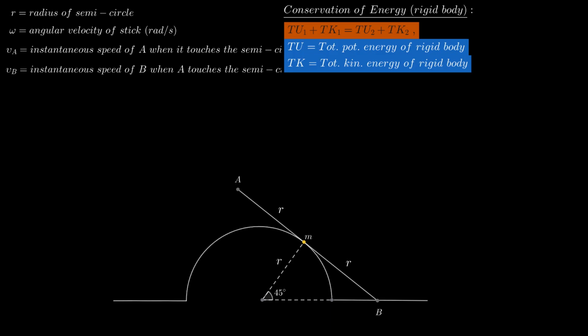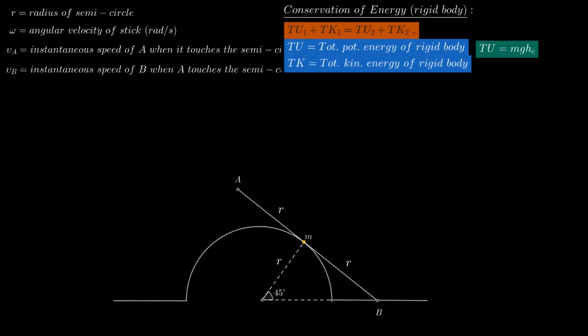The total potential energy is the sum of all the potential energies of all the particles of the rigid body. And we find that by treating the rigid body like a point mass situated at the center of mass of the rigid body. So the formula for that is m times g times hc, where hc is the height of the center of mass from the ground, and m is the mass of the entire body.